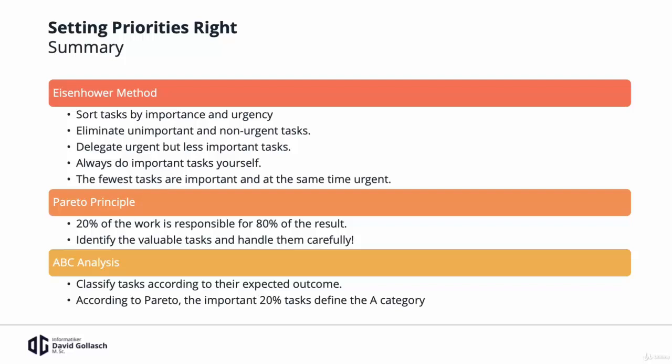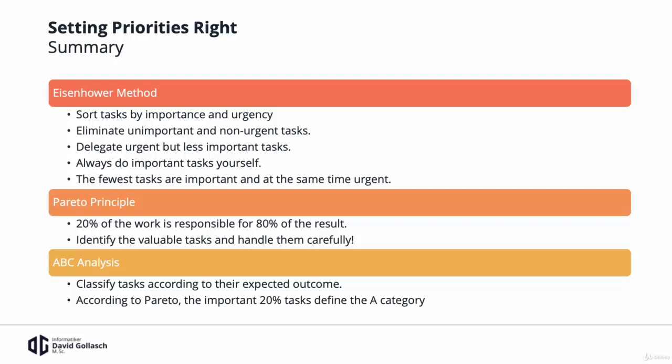So only 20% of the effort you are putting in and 20% of the tasks you are doing to get a certain result are really responsible for the majority of 80% of the result. And maybe you can sacrifice the remaining 20% of the result for getting more productive or for getting more efficient.